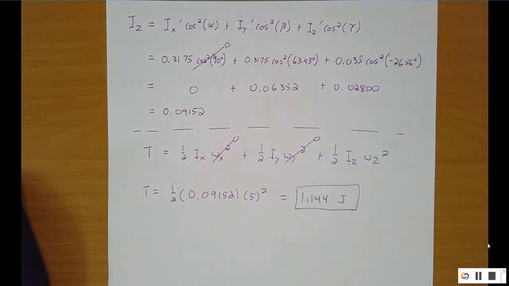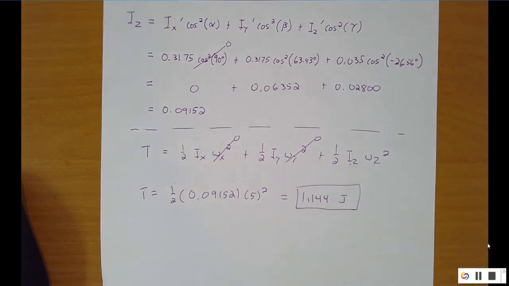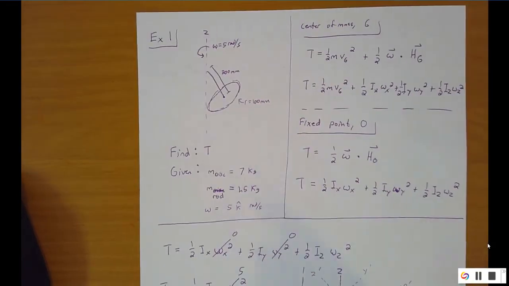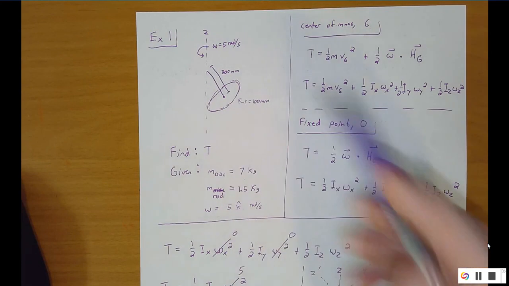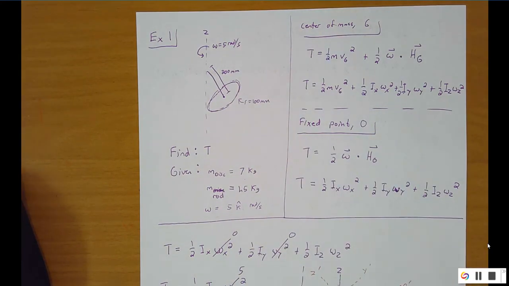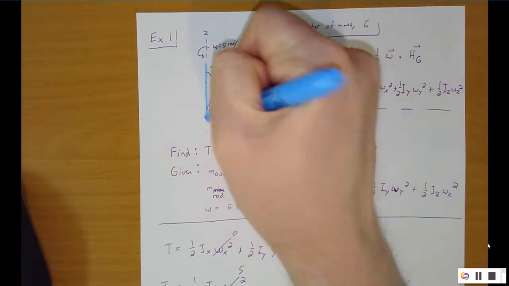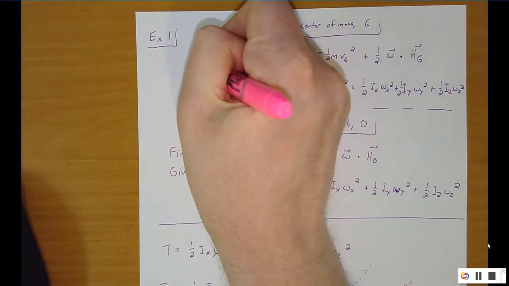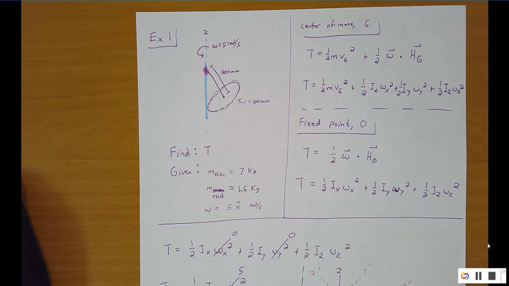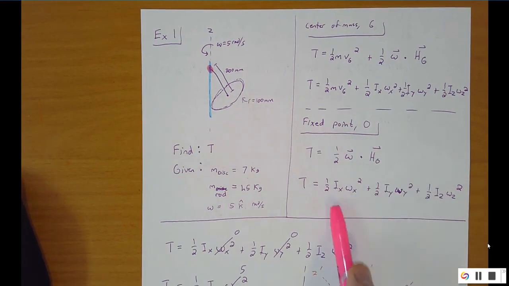So again, just recapping, we had a cone, space cone, whatever, rotating about the z-axis, which meant that we had an axis of rotation about here. I chose to use the point up here at the end as our point O. So we use the fixed point O equation, which is this.